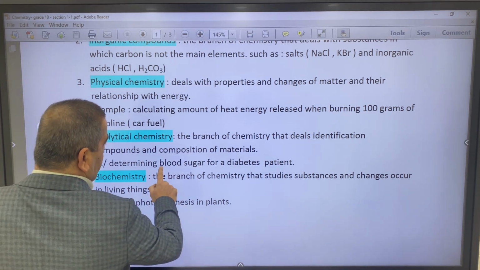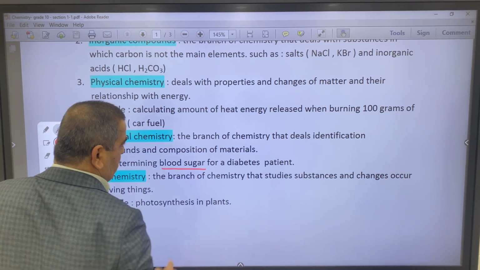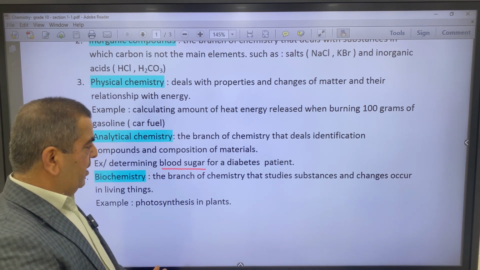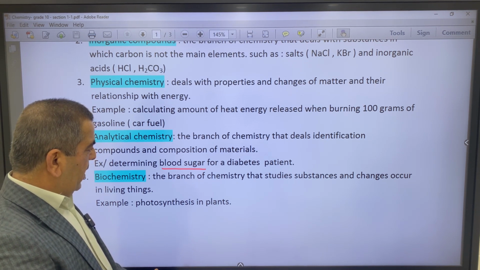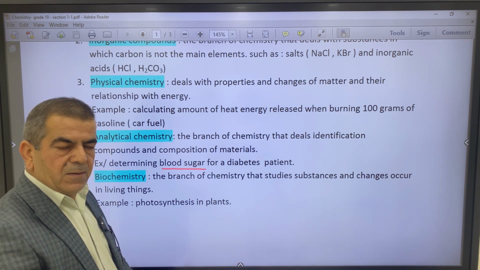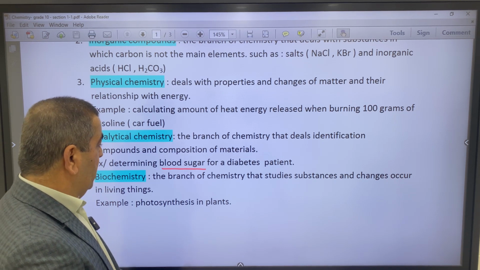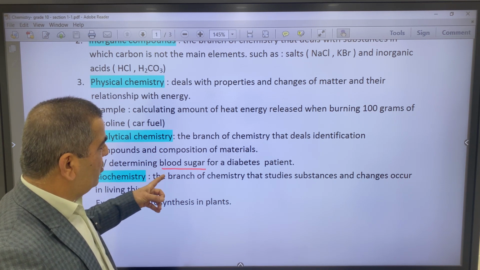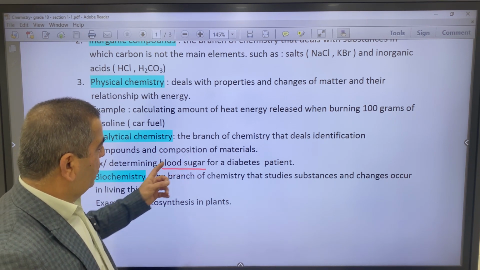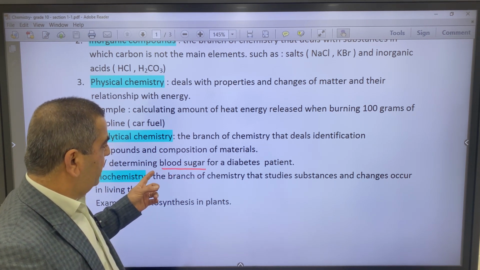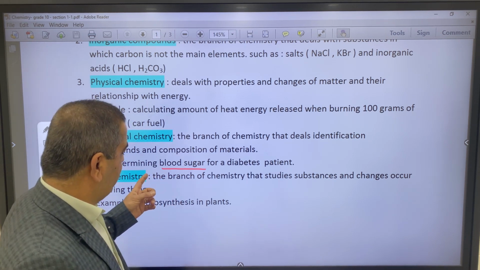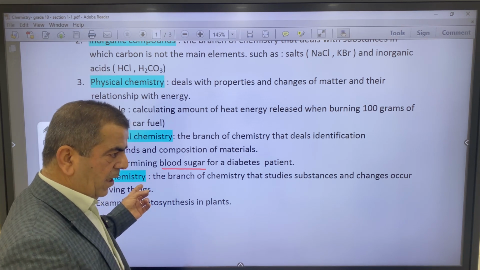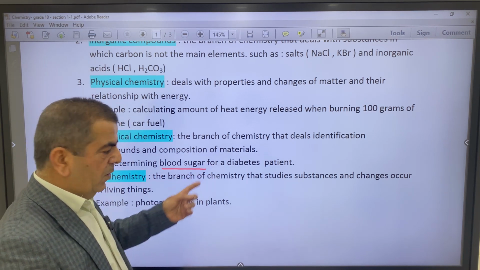For example, he will tell him, okay, your blood sugar is 90 milligrams per deciliter. So he did analytical chemistry. He analyzed the patient's blood and told him that his sugar composition is 90 milligrams per 1 deciliter.